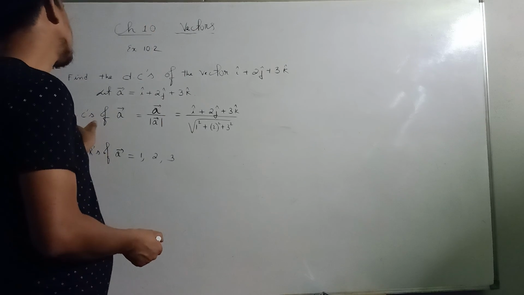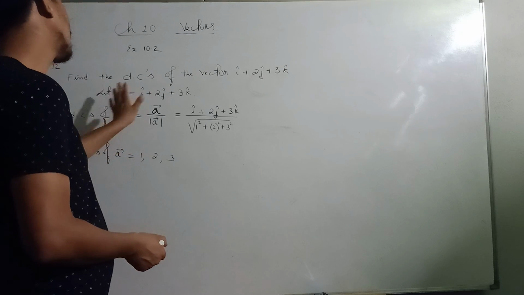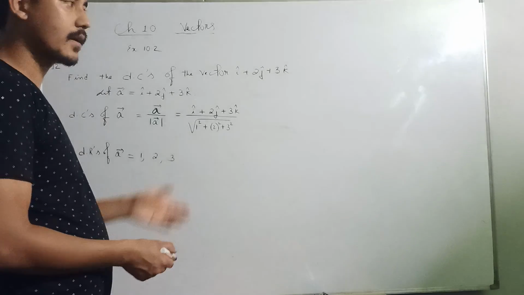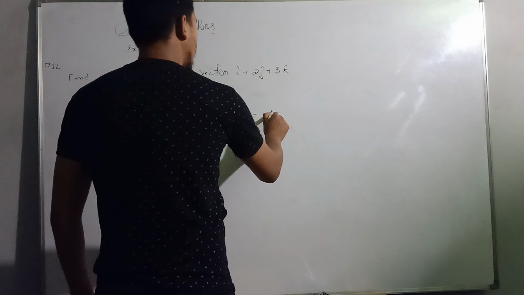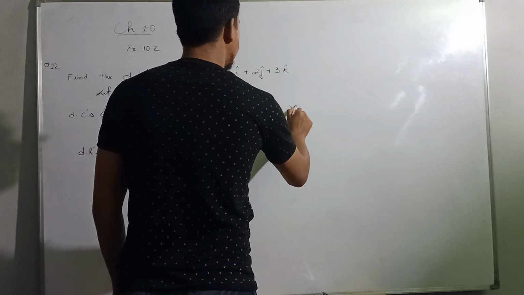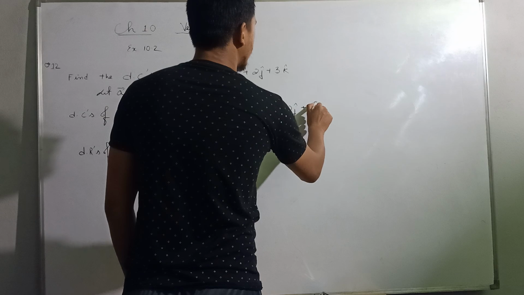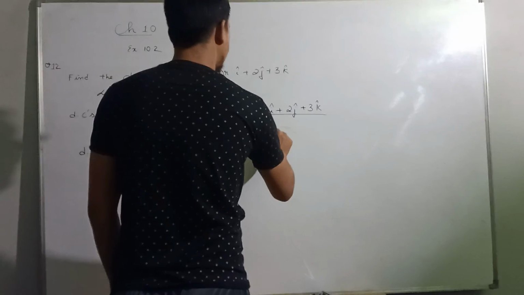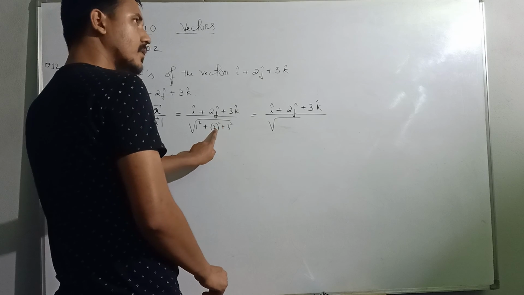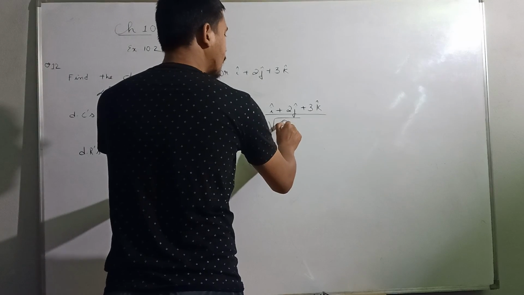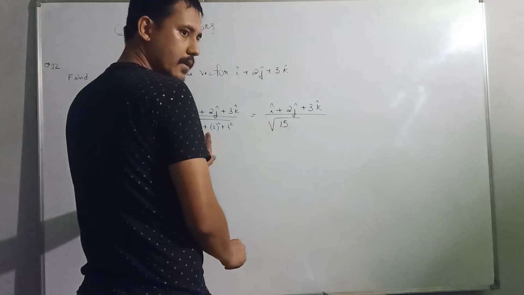So i cap plus 2j cap plus 3k cap divided by: 1 plus 4 is 5, plus 9 is 14.